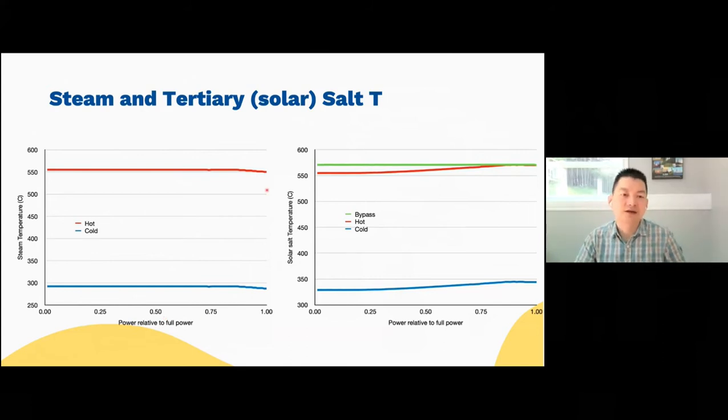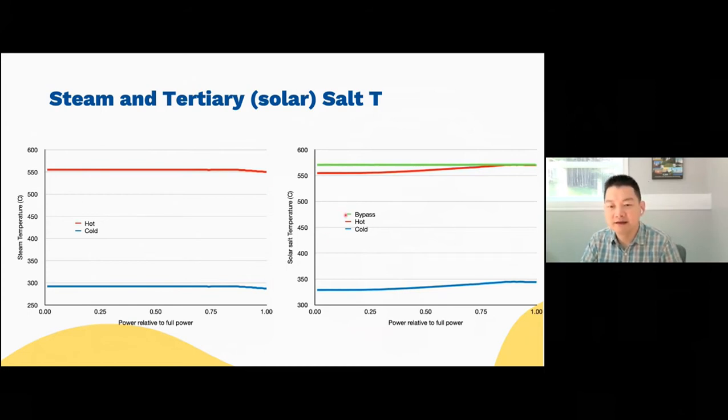Okay, so let's go to some curves here. Let's start with the steam cycle. As you can see, from power 0 to power 1, where 1 means 100% power, we maintain the steam temperature almost constant throughout the process, but we're changing the pump speed, which is not shown here, but I will show it later.